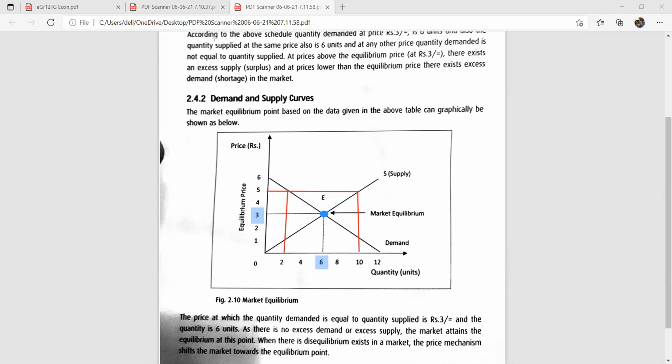So the gap between these two illustrates excess supply.